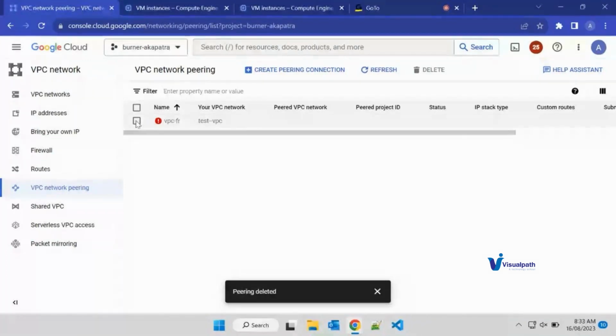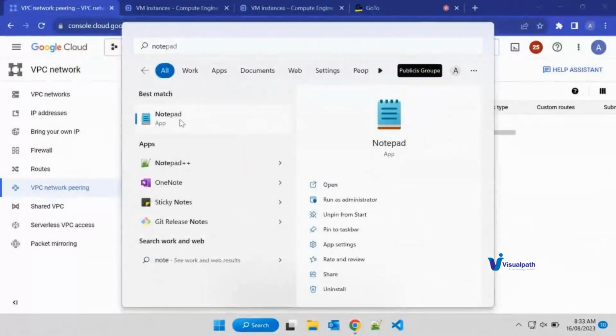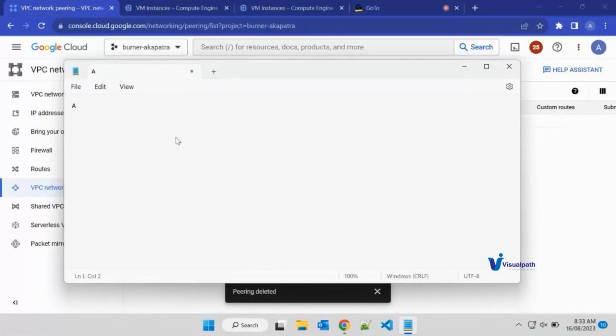Okay. I'll also ask you a question over here. Let's say I have a VPC A, a VPC B, and a VPC C. But I have my VPC C sitting in between VPC A and VPC B. If I just open up a notepad, it's A, C, B. Let's take these arrows.